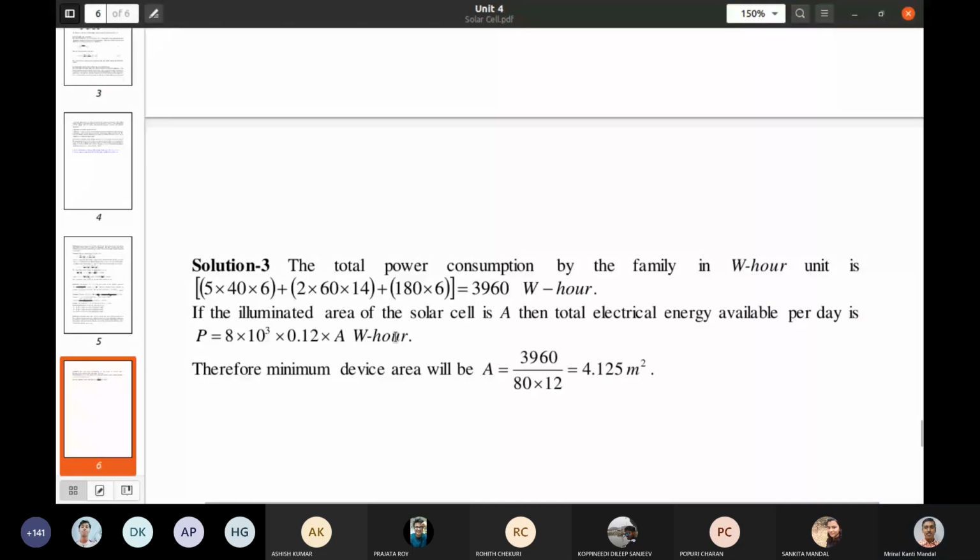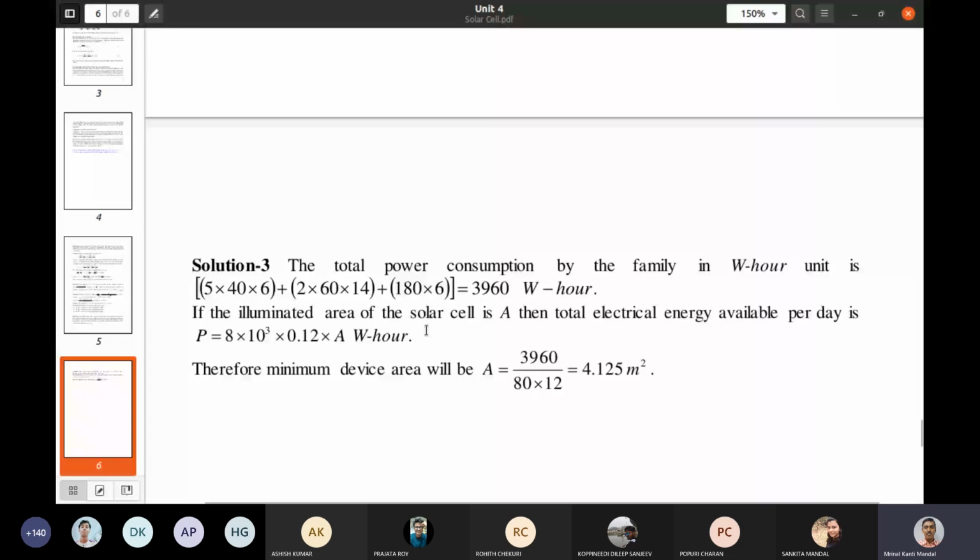So these two will be equal. Then after solving, the value of A is 4.125 meter square. So the solar panel should have an area of 4.125 meter square or larger than that, then the family can support all its household power activity from this solar panel, right?